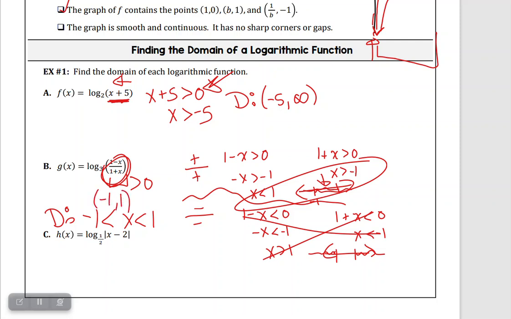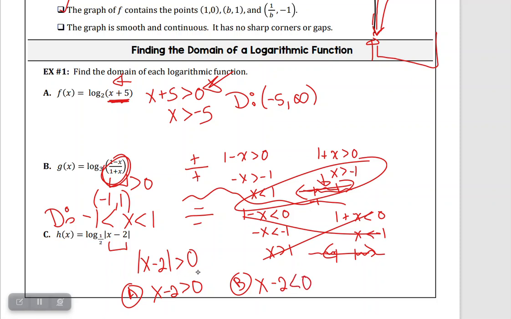Now, when we look at absolute value right here, again, the absolute value of x minus 2 has to be greater than 0. Well, absolute value, again, two different equations. x minus 2 is greater than 0, and x minus 2 is less than 0.